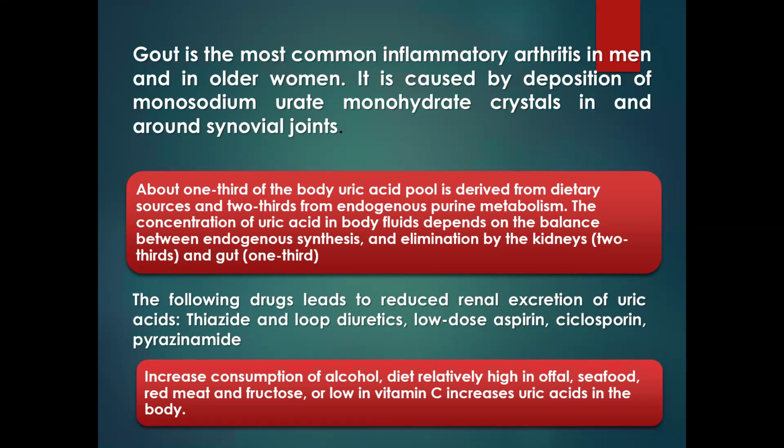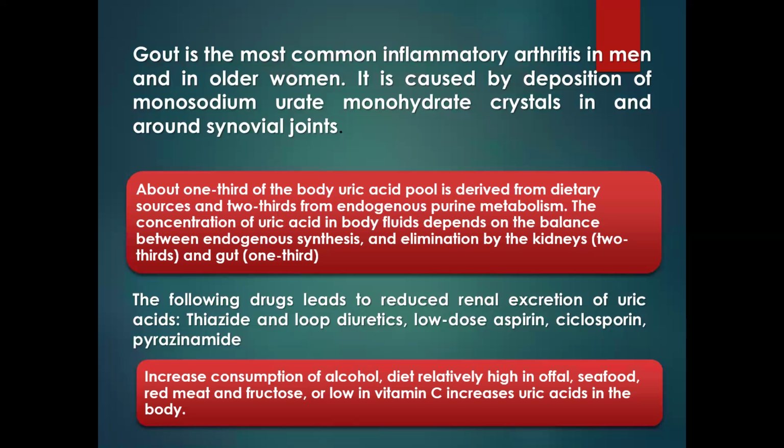Findings have shown that 1/10 of the body uric acid pool is derived from what we eat. Then 2/3 of it is from endogenous purine metabolism, that is, the metabolism of purines in the body leads to the production of uric acid. Then 1/3 of what we eat has uric acid.